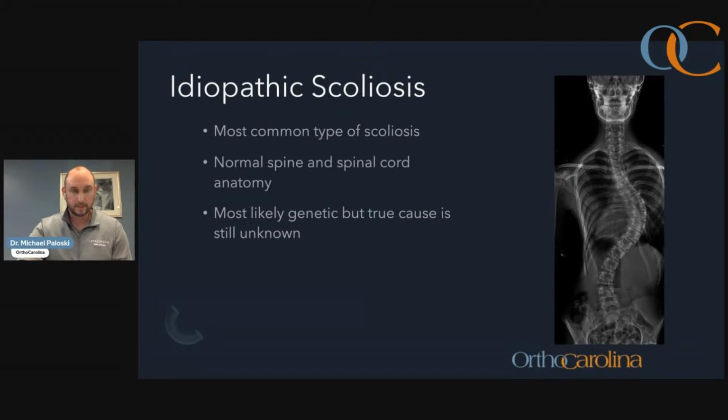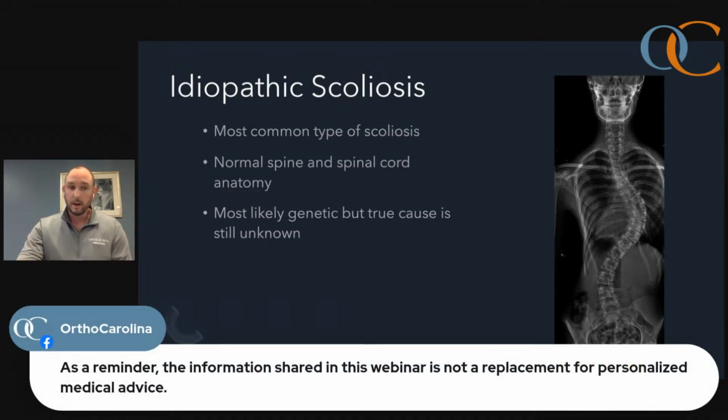Now, the most common type of scoliosis in general, and the most common we see here in the clinic, is what's called idiopathic scoliosis. That's where we have normal spine anatomy and normal spinal cord anatomy, but the spine curves. And like I said, by far, this is what we see the most.